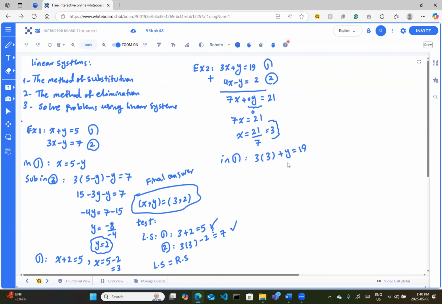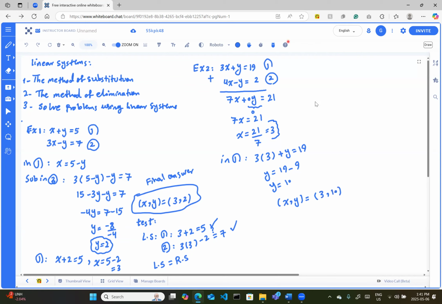And then this is a simple linear equation, and you can try for finding y. So y is 19 minus 3 times 3, which is 9. So y equals 10. So the answer for this linear system using the elimination method is (3, 10).